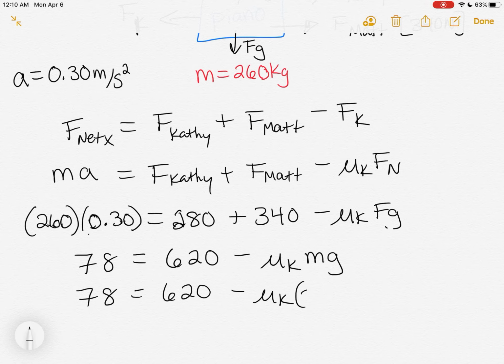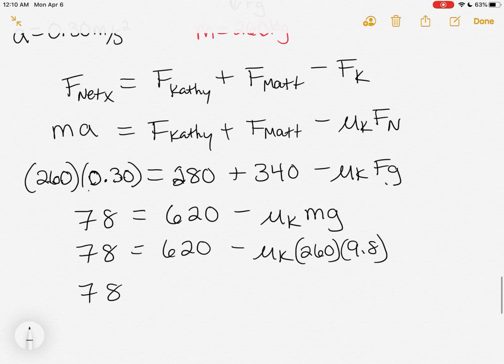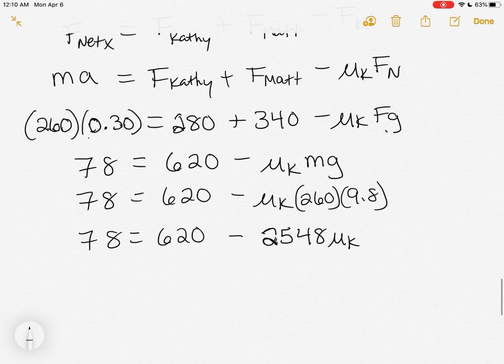Mu k is what we're looking for. Our mass here is, again, the mass of the piano, 260. And then our g is 9.8. So we got 260 times our 9.8. So that means that we have 78 is equal to 620 minus 2548 mu k.